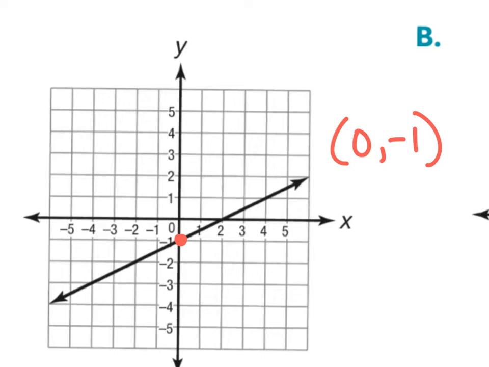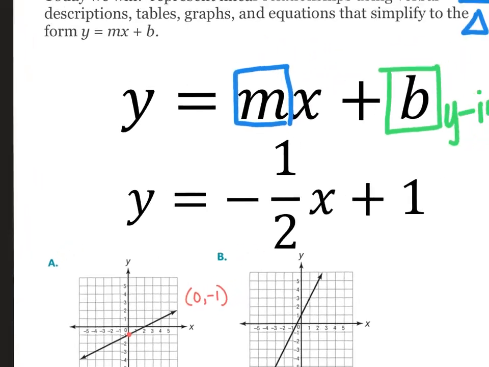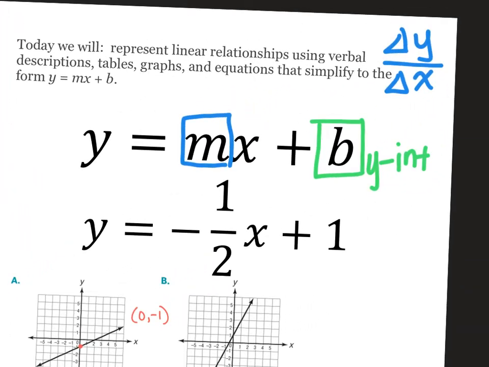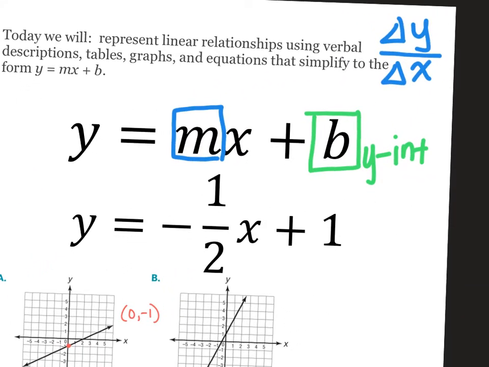But in slope-intercept form, like we're seeing right now, if you look at the equation below here, I have an example for you. This here is the y-intercept, right? And it's a positive 1. You're going to see what that looks like on the graph in just a second.